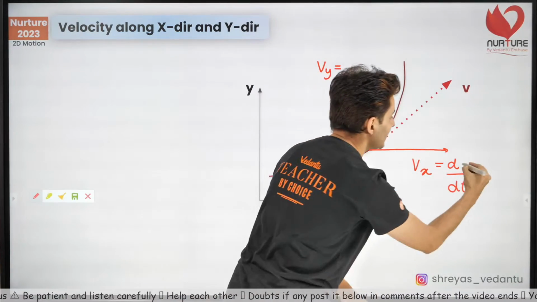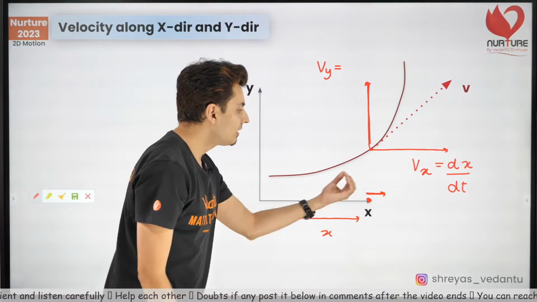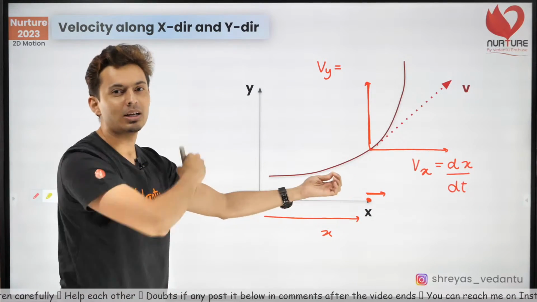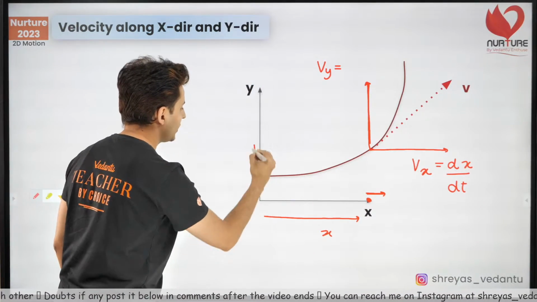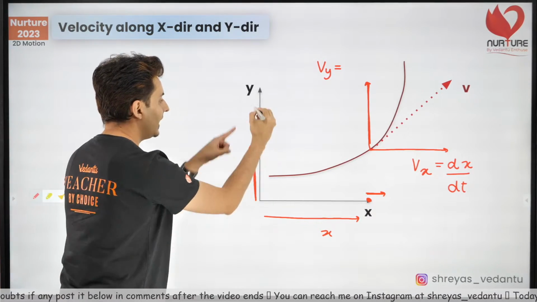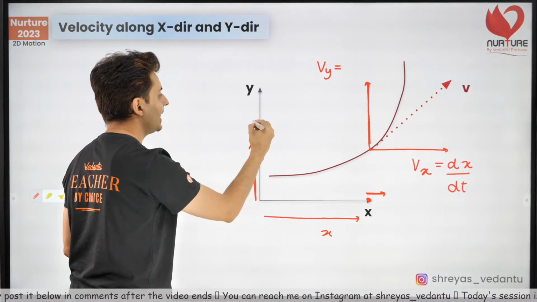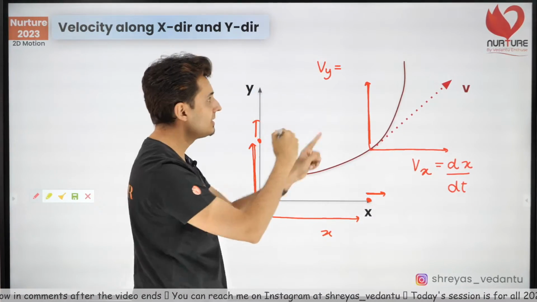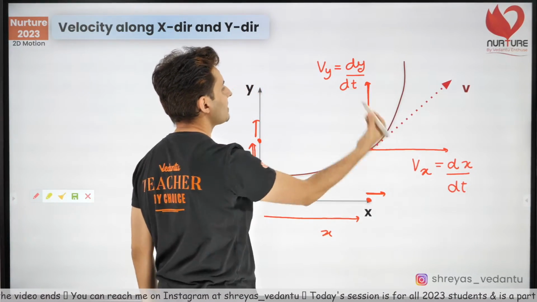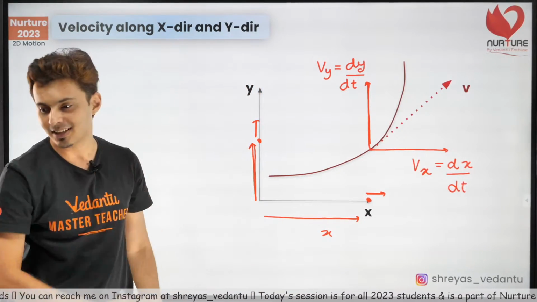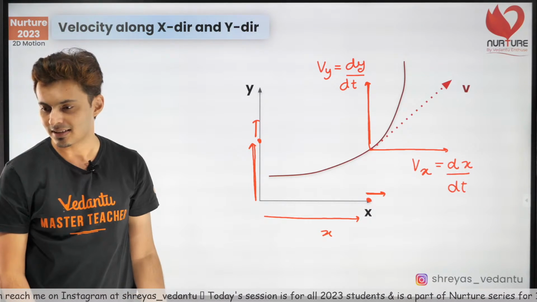That's why this is nothing but dx by dt, rate of change of x coordinate. Similarly, if you look at the y coordinate over here, that was moving. That's why it gave rise to the y velocity. So it is nothing but derivative of the y coordinate with respect to time. As simple as that.